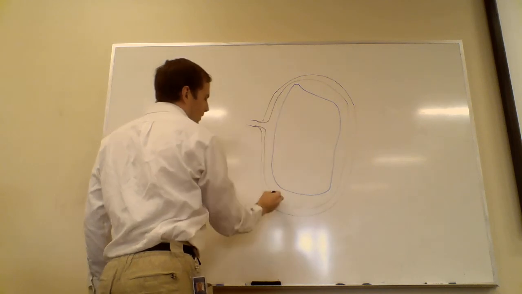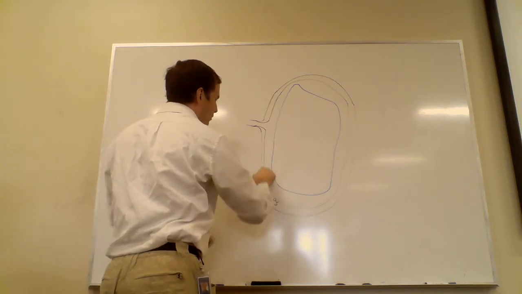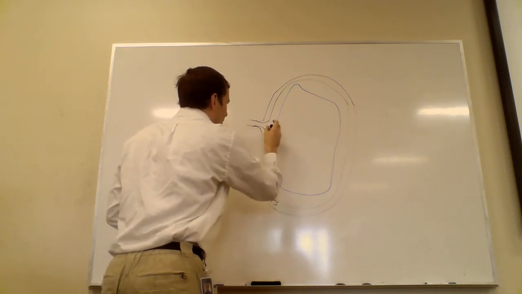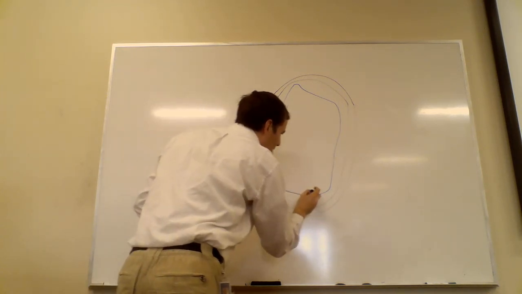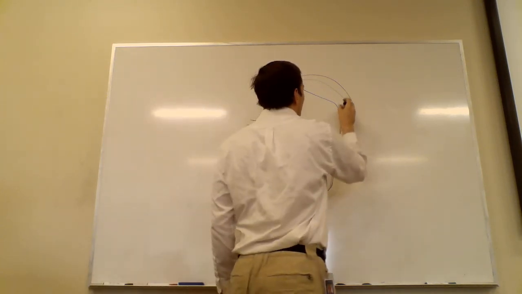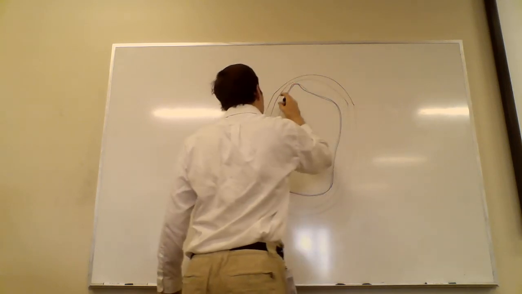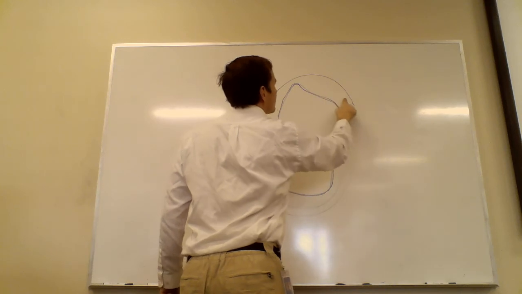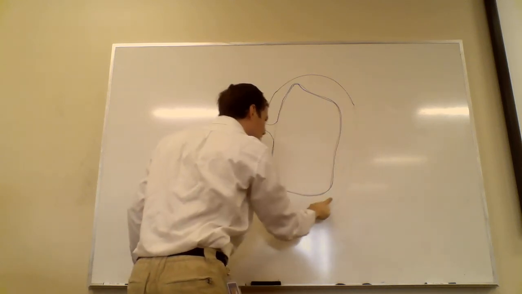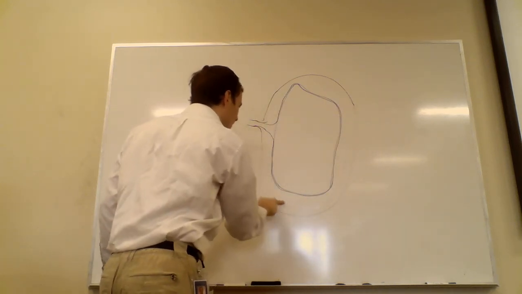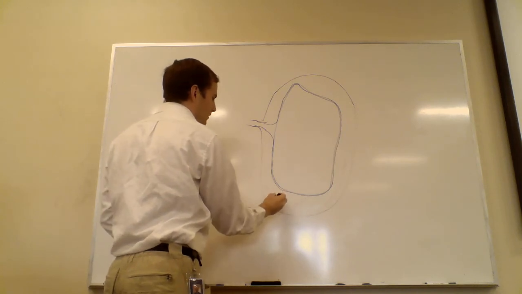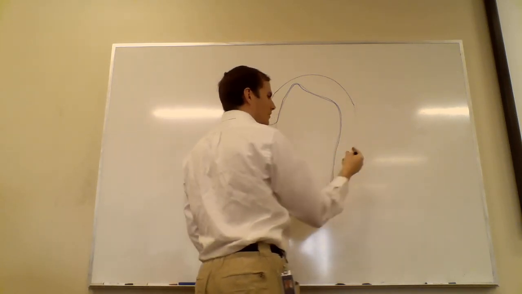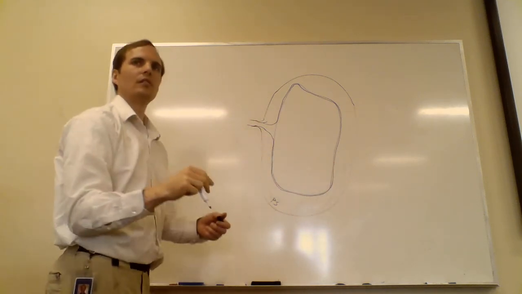Pleural membrane, pleural space. So we call this the pleural space. Usually this pleural membrane would be right up against the other, so I'm going to represent that a little better. This is actually going to be important.